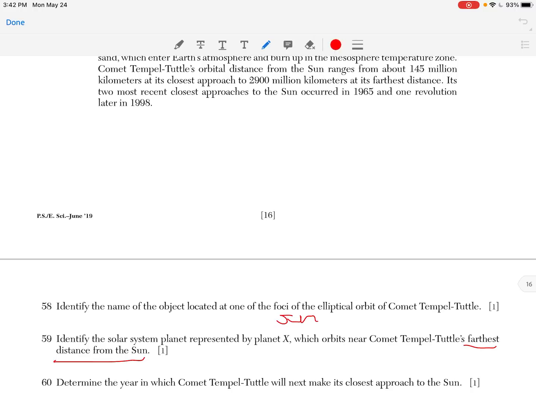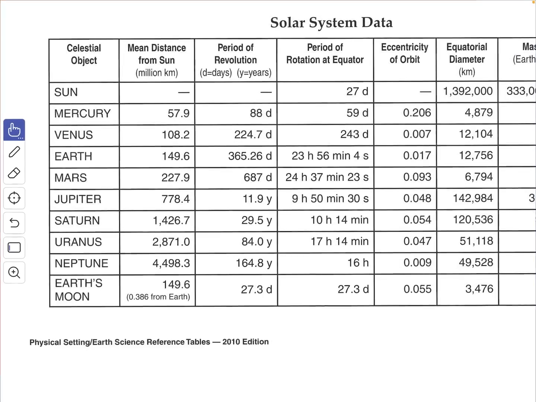Well, it tells us right in the paragraph: the distance from the sun ranges from 145 million kilometers at its closest point to 2,900 million kilometers at its farthest distance. So we're looking for the orbit of a planet 2,900 million kilometers away. So now let's go to our reference table.